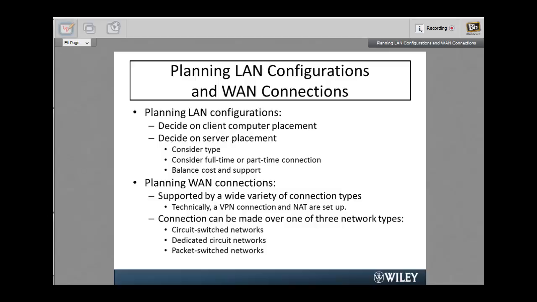And then planning the WAN connection, supported by a wide variety of connection types. Technically, a VPN connection and NAT are set up. A connection can be made over one of three network types: either circuit switched network, dedicated circuit network, or packet switched network.